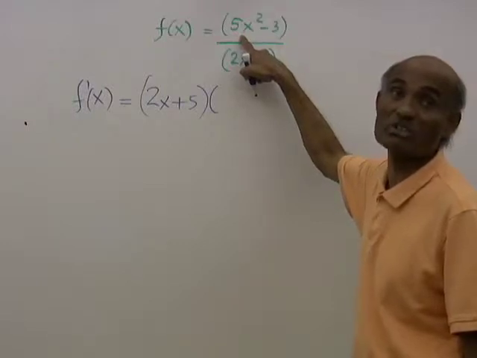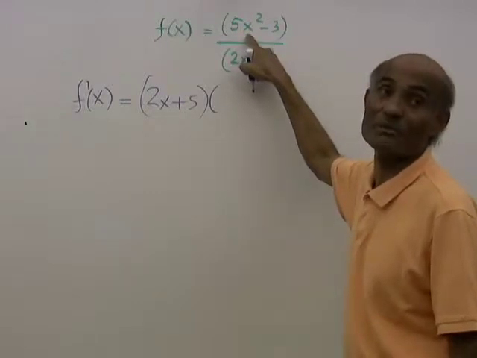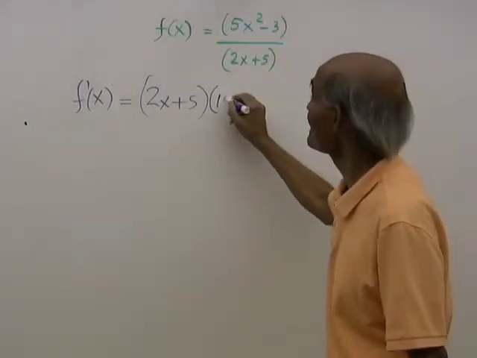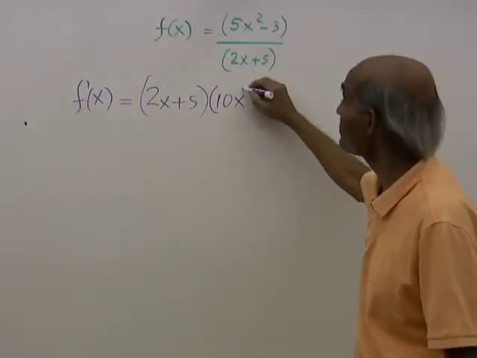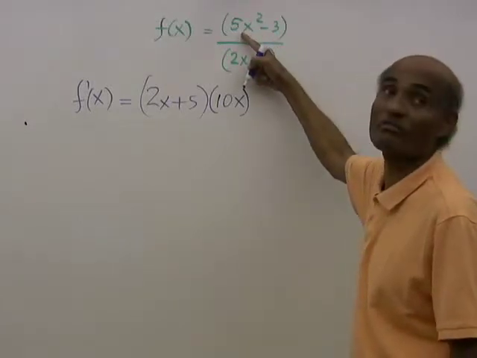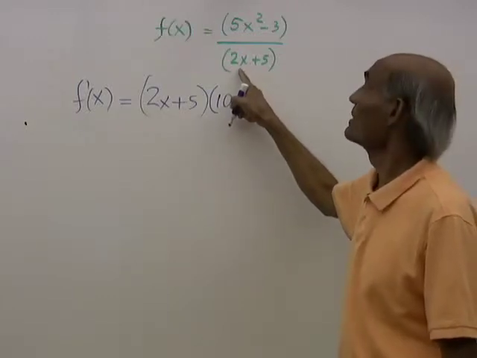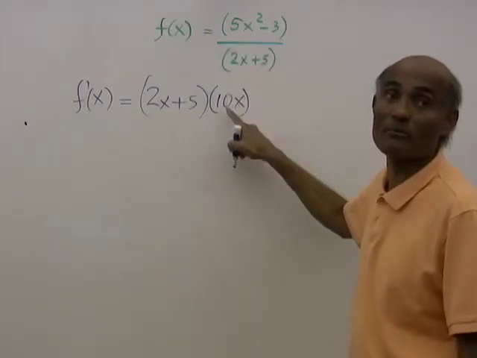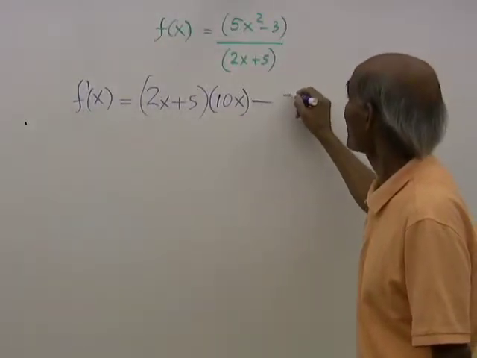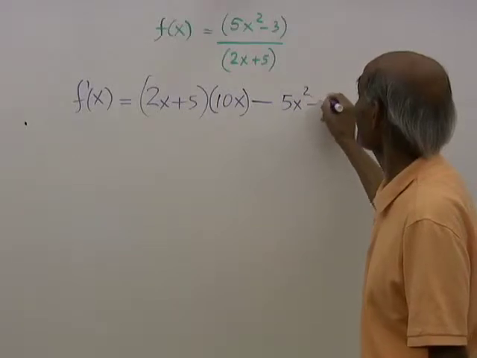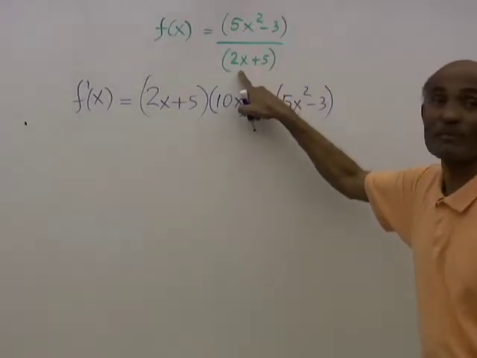Find the derivative of each term. What is the derivative of 5x squared? The derivative of 5x squared is 10x. And the derivative of minus 3 is 0. So the derivative of 5x squared minus 3 is 10x. So we have denominator multiplied by the derivative of the numerator, minus the numerator 5x squared minus 3 multiplied by derivative of the denominator.